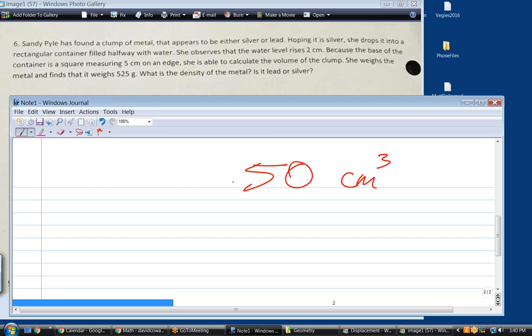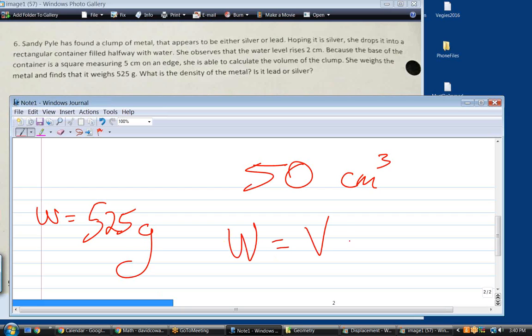And she weighs the metal and finds out that its weight is 525 grams. Well, let's go back to our general equation. Our general equation says that weight equals volume times density.